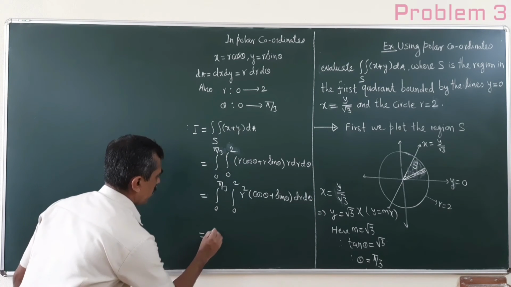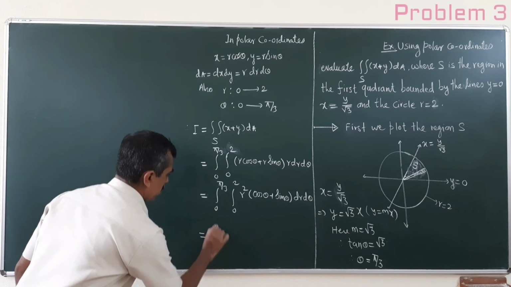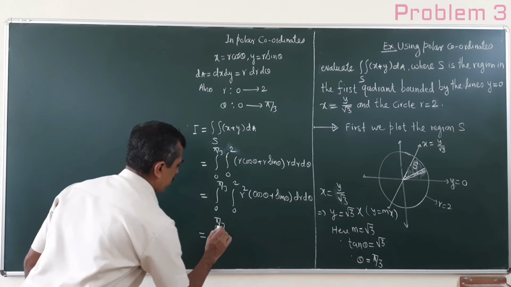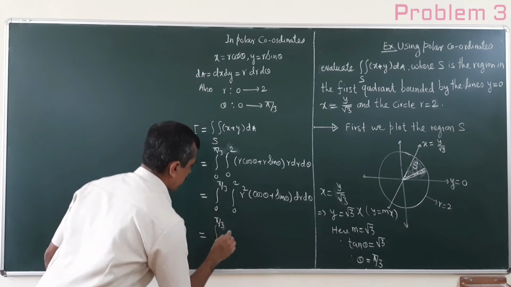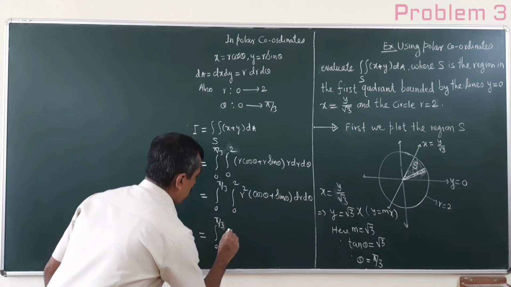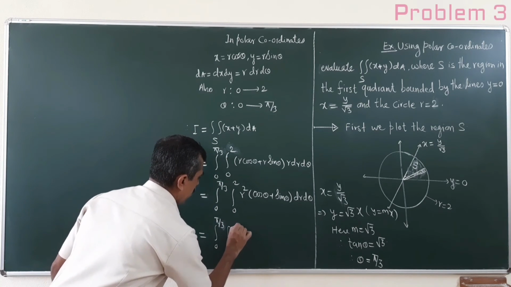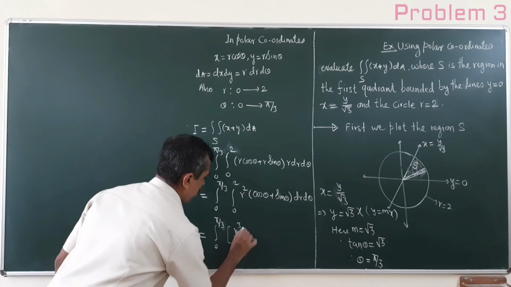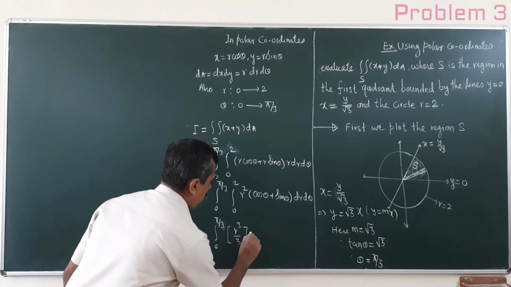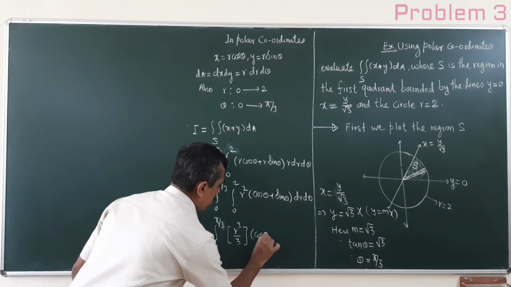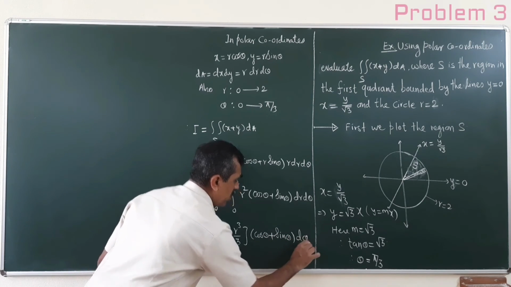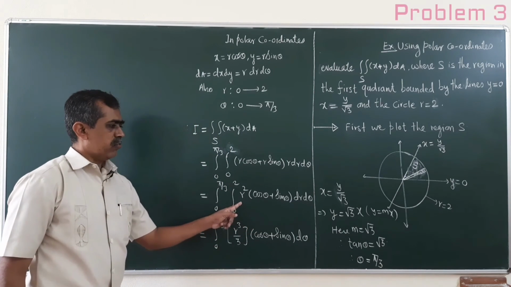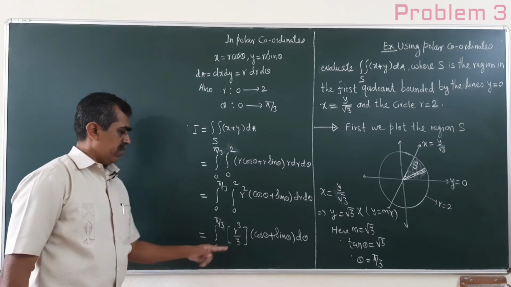So this is equal to integral 0 to pi by 3. What is the integral of r square? R square is r cube by 3, cos theta plus sin theta as it is, with respect to theta. I have taken integral of r square with respect to r first, so that is r cube by 3.